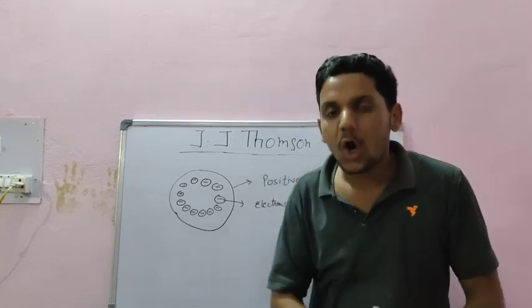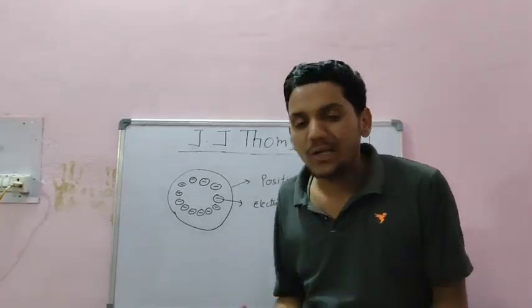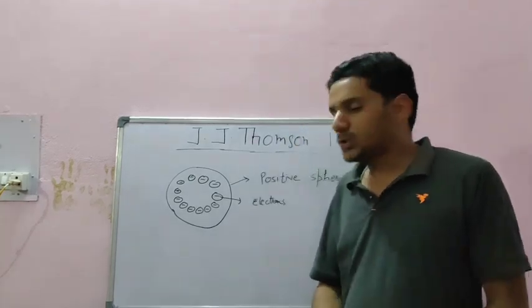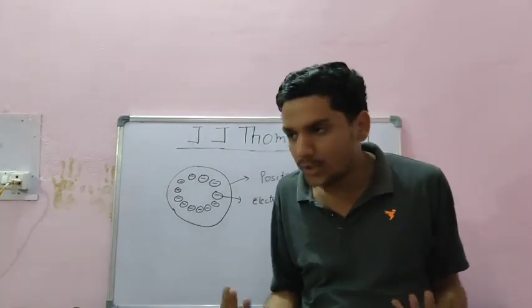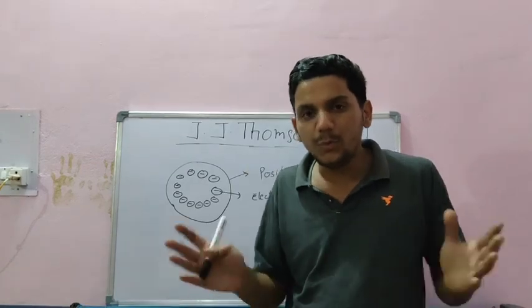In simple words, this J.J. Thomson atomic model is considered as the watermelon model, in which a watermelon is cut into two pieces.